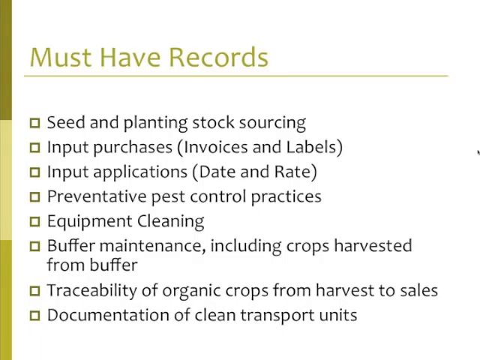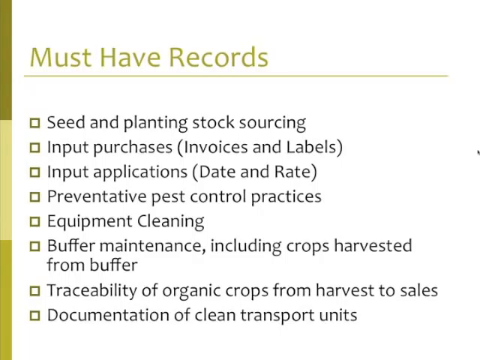I have a list here of some must-have records that you'll want to make sure you're keeping and have available for inspection. Seed and planting stock sourcing. You'll want to show where you're getting your seeds and where you looked for organic seeds or planting stock. Input purchases.